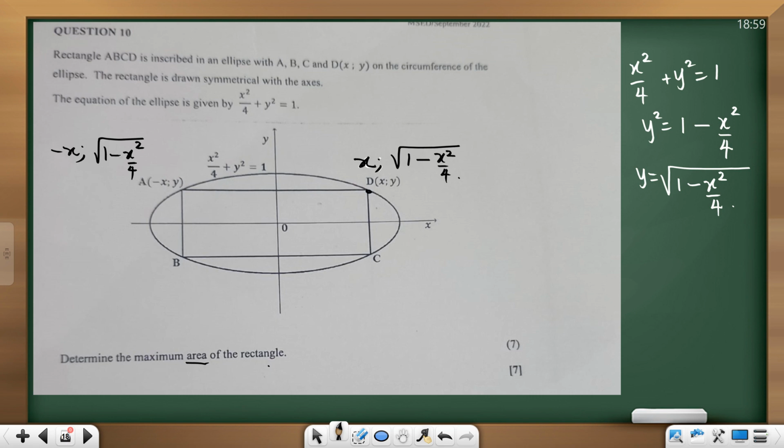Good. Now, what is this? From here to here is y. From here to here is also y. So what is this? 2y. Are you with me? What about the length from here to here?